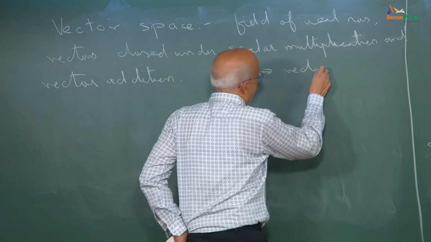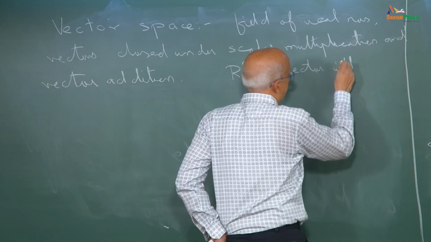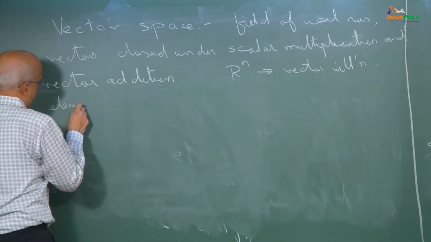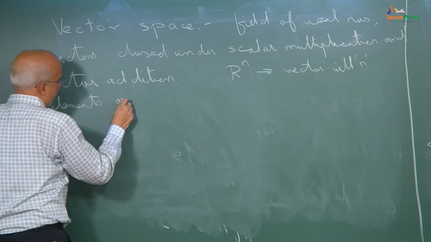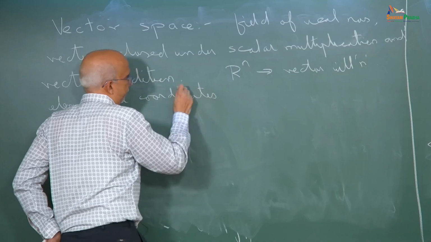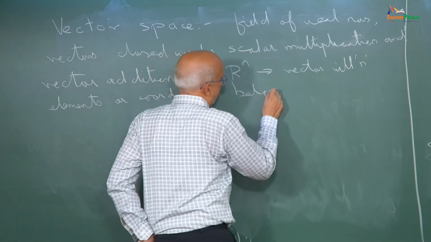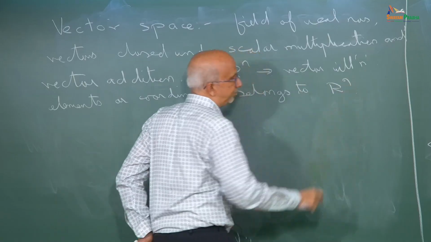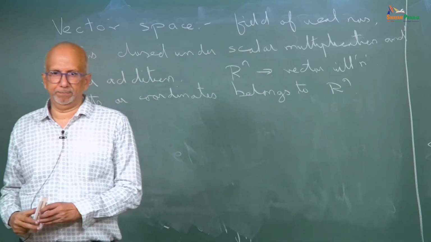A vector with n elements or coordinates belongs to Rn.